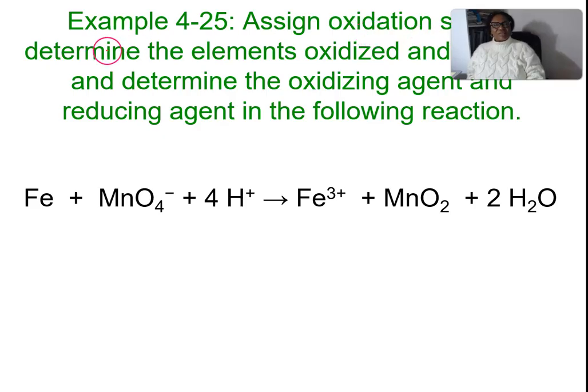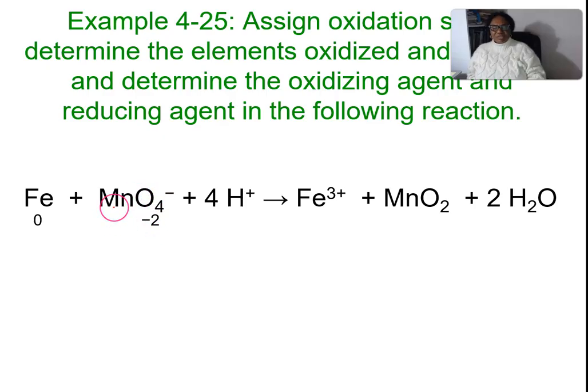Assign oxidation states. Determine the element oxidized and reduced, and determine the oxidizing agent and the reducing agent in the following reaction. So the oxidation state of this is 0. The oxidation state of oxygen is -2. And the oxidation state of manganese, because this is -2 and the overall charge is -1, so -2 times 4 is -8.